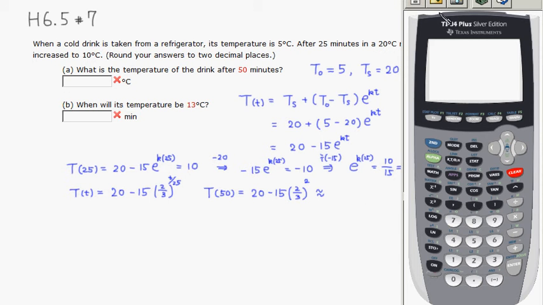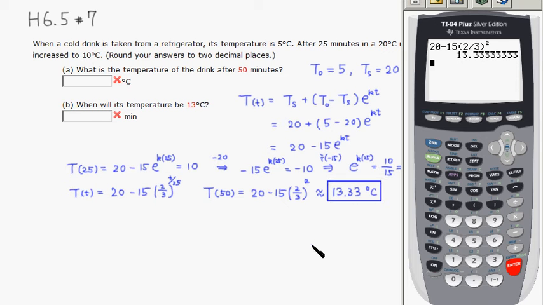I brought out a calculator, and we're going to compute 20 minus 15 times 2 divided by 3, squared. So we got 13.33 degrees Celsius.